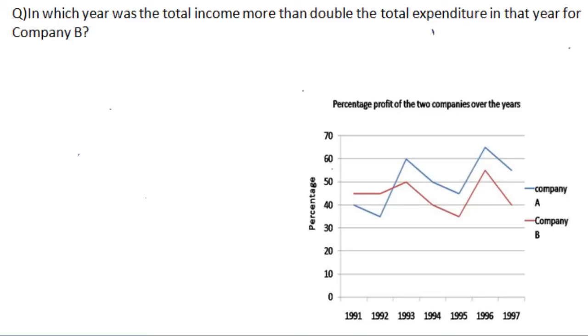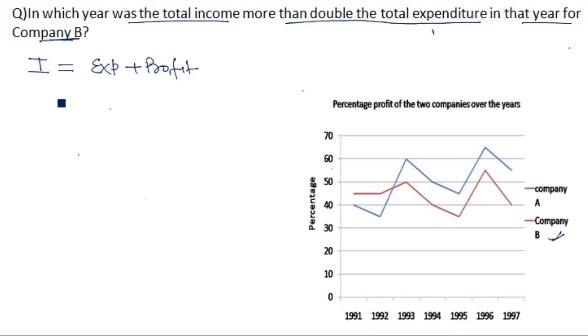And the question is, in which year was the total income more than double the total expenditure in that year for company B? So company B is ready here, right? Let's see, we can write it like income is equal to expenditure plus profit, right? And profit can be given as expenditure into profit percentage by 100.